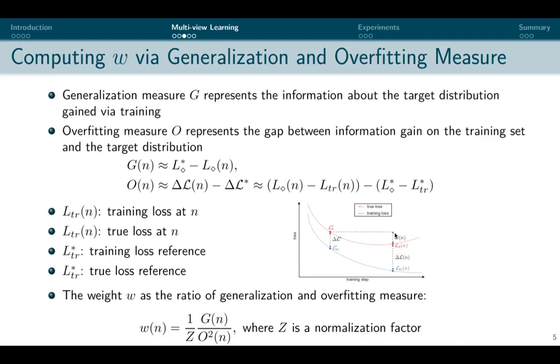For the overfitting measure, we can compute the difference between the gap of the training loss and the true loss at the current time, and the gap between the training loss and the true loss at the reference time. Eventually the weight W can be computed as the ratio of the generalization and overfitting measures given in this equation, where we use the Z factor as a normalization factor.